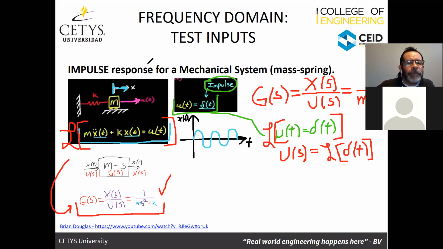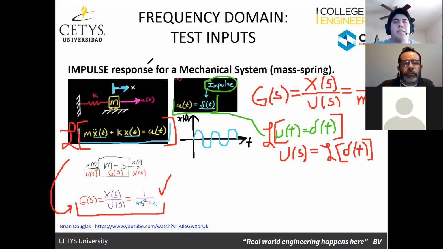Pablo, go ahead. I think it's going to be 1 divided by s, because it's like a constant in a sense. Be very careful with that, Pablo. It's not a constant, but it's like an instant. Let's go with that, Pablo, because it's very important. In control system theory, there is a specific function that is the constant, and that has its Laplace transform.